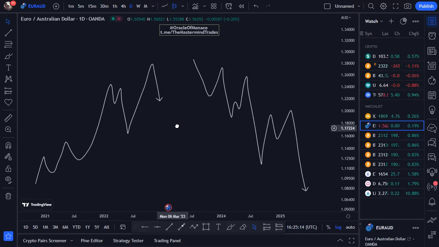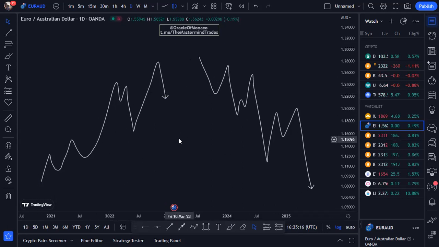And this is usually the same across every time frame and every price chart.